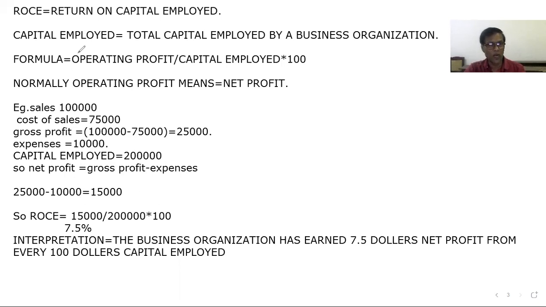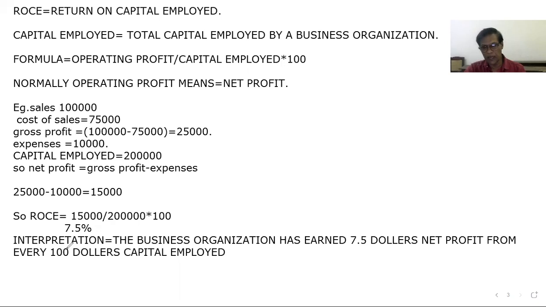So what is the formula for return on capital employed? ROCE formula is operating profit, that means net profit, divided by capital employed into 100. Now you have operating profit 15,000. Your capital employed is 200,000 multiplied by 100. So you are getting 7.5 percent. For every $100, your business organization gets $7.5.